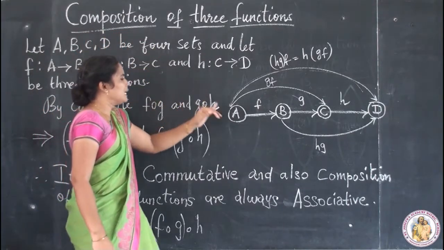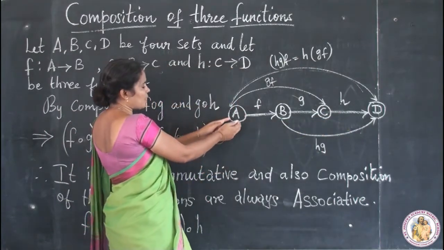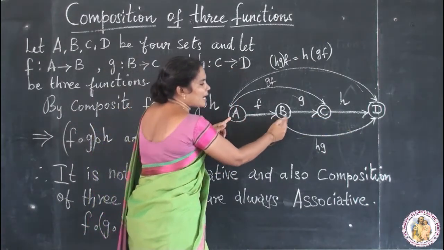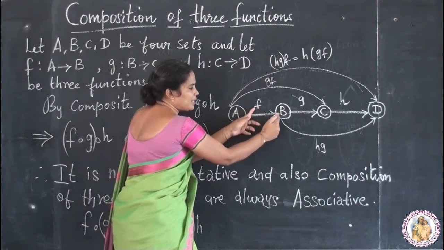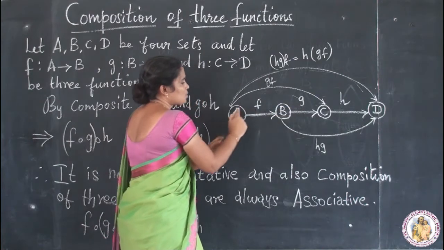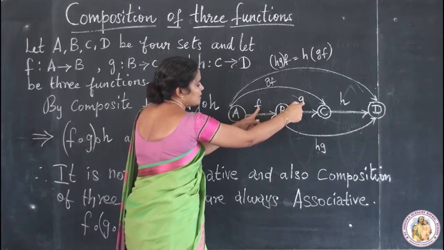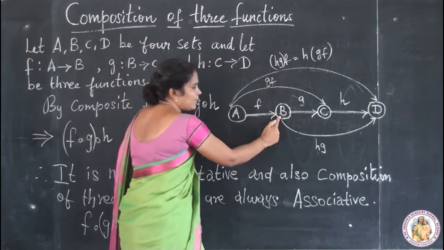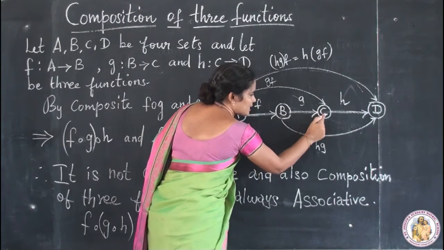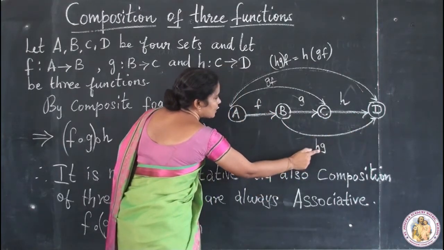Here we have A, B, C and D. How does the combination of three functions work? A to B we have f and B to C we have g, so A to C is g of f. And B to D, that is B to C and C to D, is g and h.